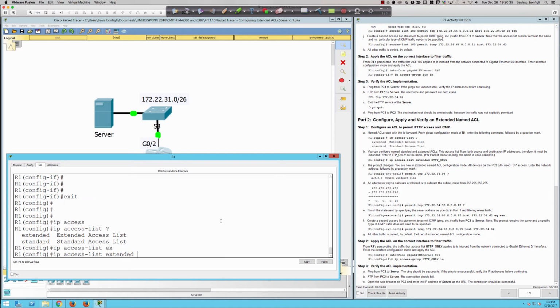And it's going to be extended because we're going to be using layer 3 and layer 4 information. So IP access list extended, and then the name. And what do they have in this? HTTP only, I think. HTTP underscore only. And then we hit enter. Now, oh, it's config ext. That's what it is. Config ext for external named ACL is that NACL that you see there.